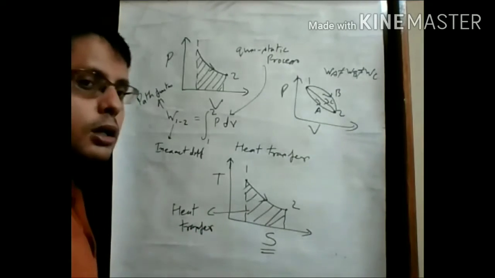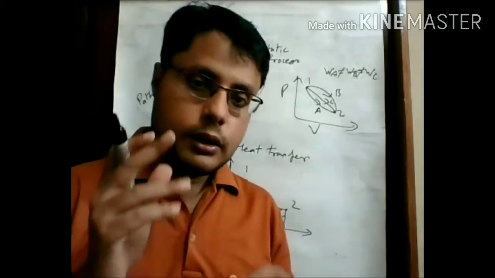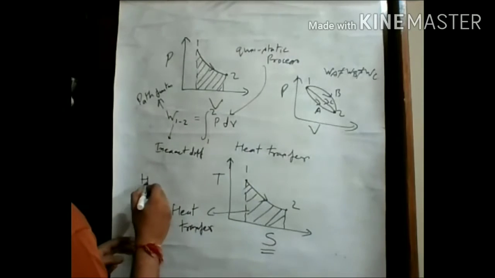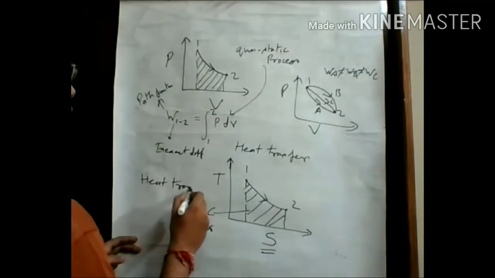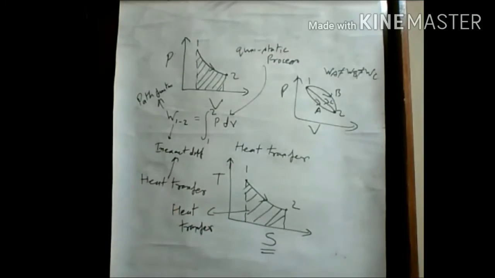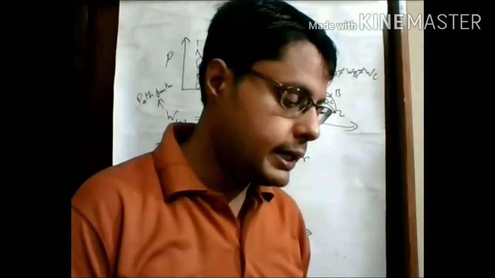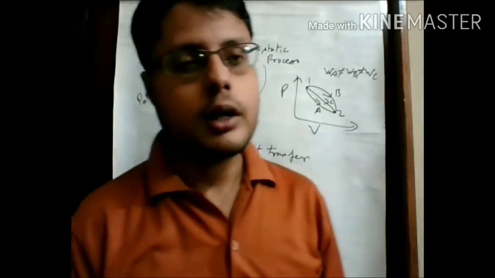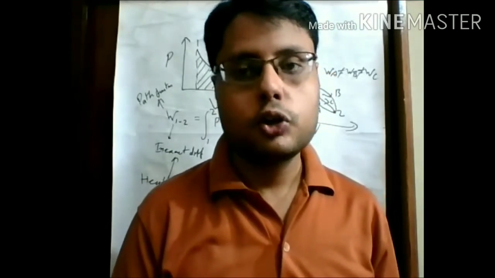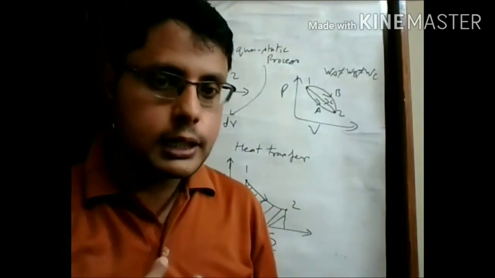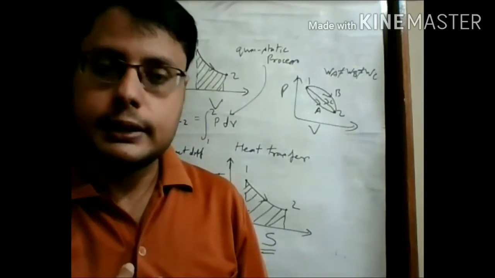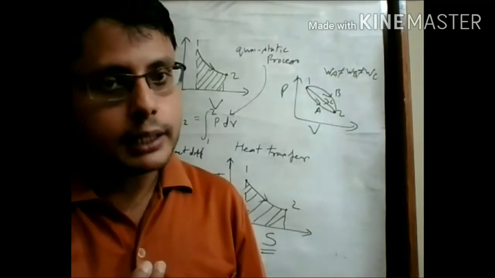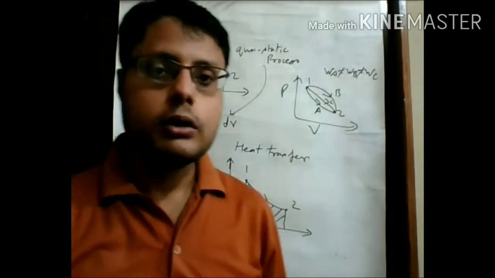So the conclusion is that like work transfer, heat transfer is also an inexact differential, and it also depends upon path history. It is not a property of the system. So we can say work transfer and heat transfer both are inexact differentials and both are boundary phenomena. Both depend upon path history. So that's all about heat transfer.